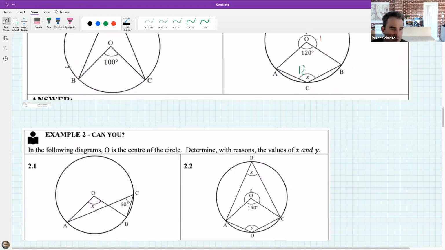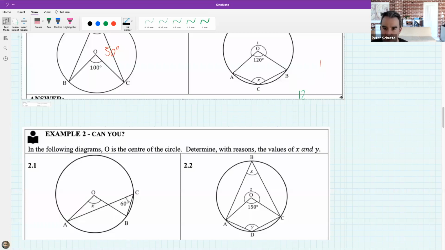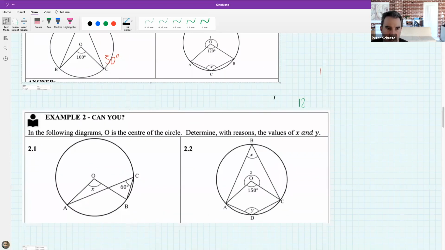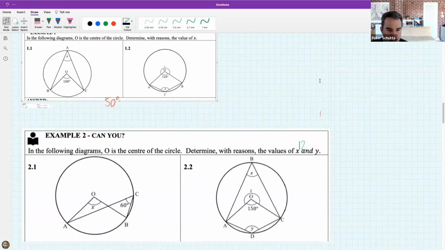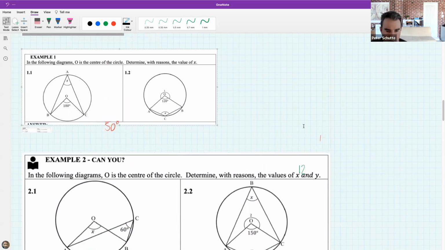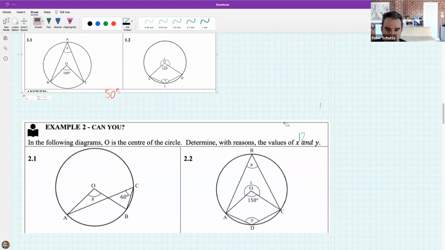See if you can do 2.1 and 2.2. In 2.1 and 2.2, you need to find for me X and Y. Find for me X in 2.1 and then find me X and find me Y in 2.2.